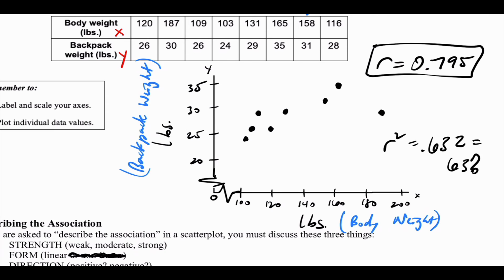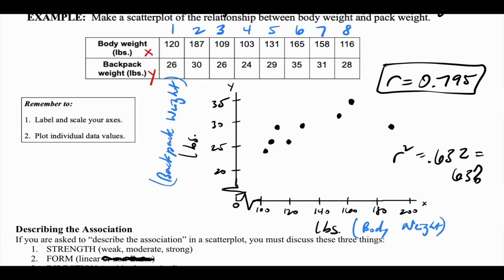So what this R squared is saying is about 63% of the reason why these people can lift their backpacks is because of their body weight. So any change in backpack weight, 63% of the reason why that's happening is because of their body weight. More than half of that reason, right?